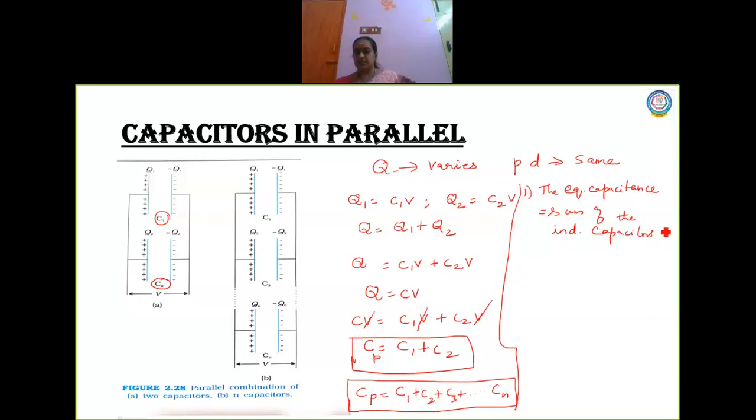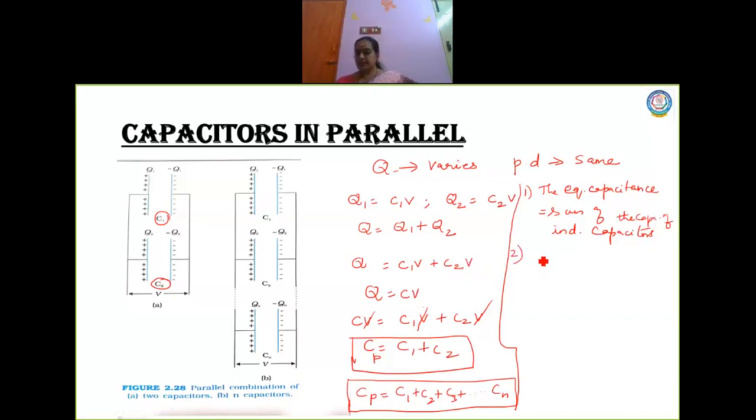So this is the statement: Cp is equal to C1 plus C2. The equivalent or effective capacitance will be equal to the sum of the capacitance of individual capacitors.